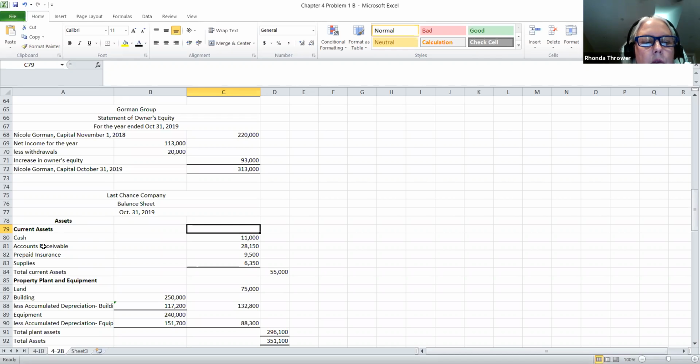So accounts receivable, we're expecting to convert to cash within a year, and our prepaid accounts, we're expecting to use up within a year. And so that's why we classify those as current assets. The current assets were just brought down from the adjusted trial balance amounts. You just copy them down here. And then we're going to total our current assets to get $55,000 in this case.